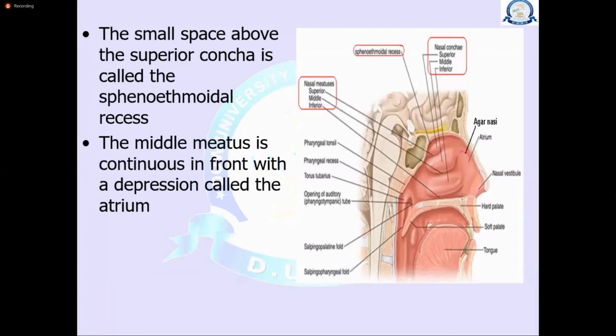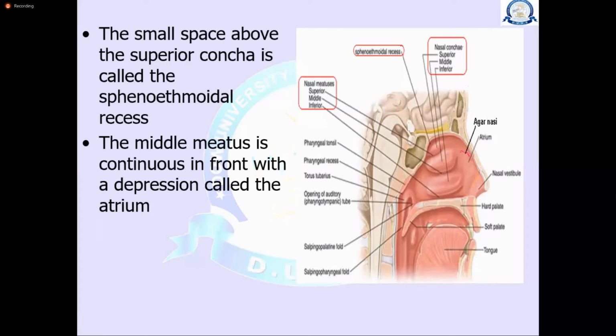Posterior to the superior concha, there is a recess which is known as the sphenoethmoidal recess. The middle meatus is continuous in front with the depression.